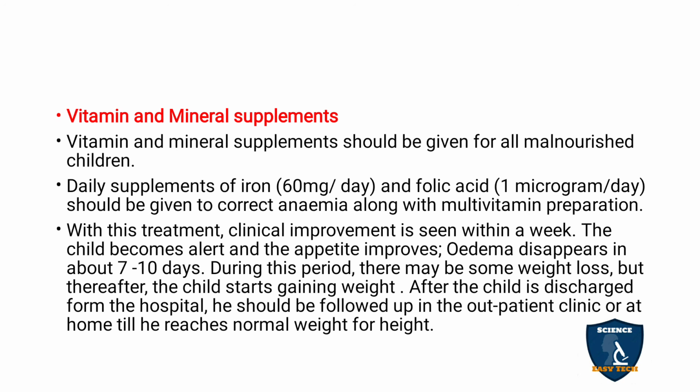In multivitamin preparations themselves, iron and folic acid will sometimes be there. So multivitamin preparations along with iron and folic acid can be given. For example, Zincovit, which has all these supplements.